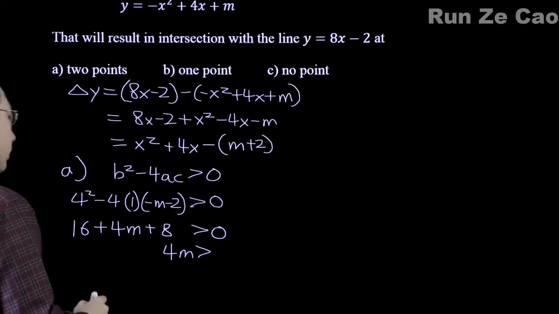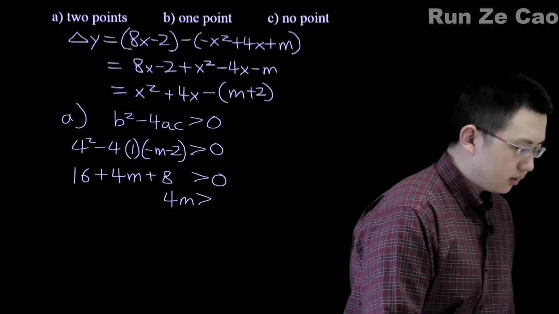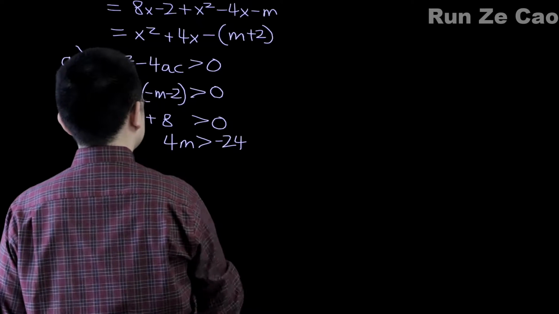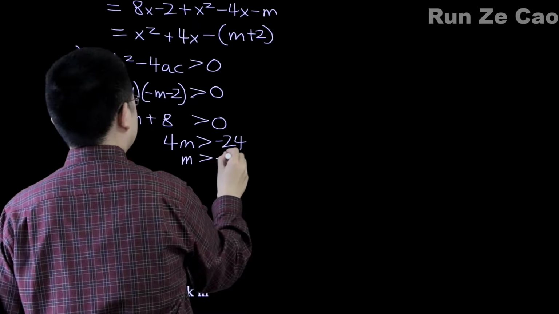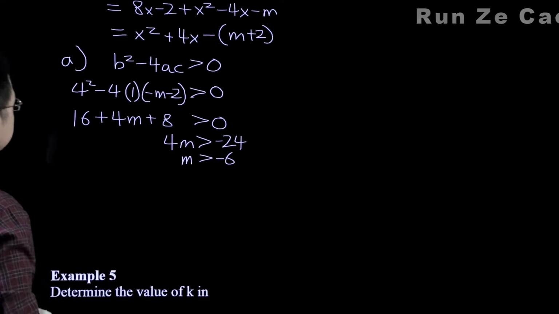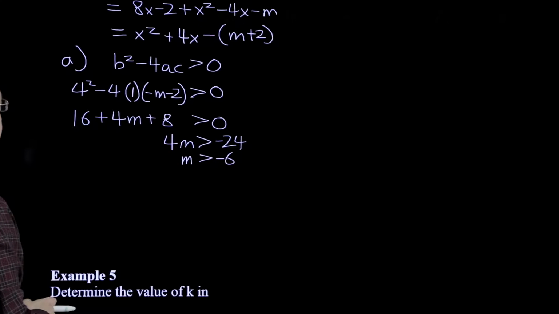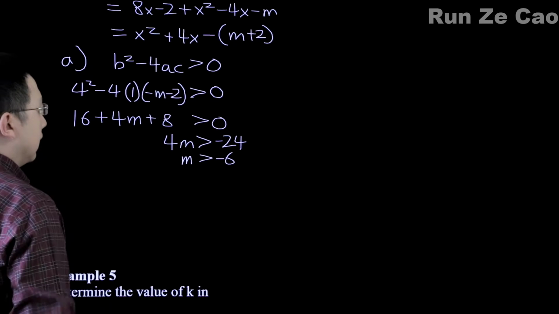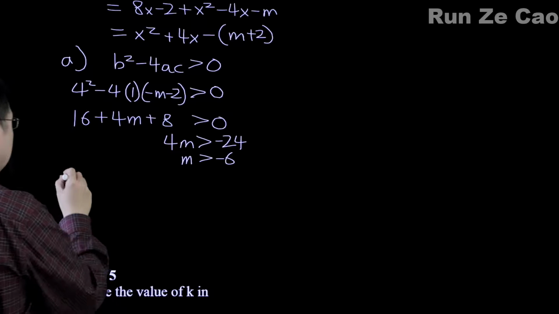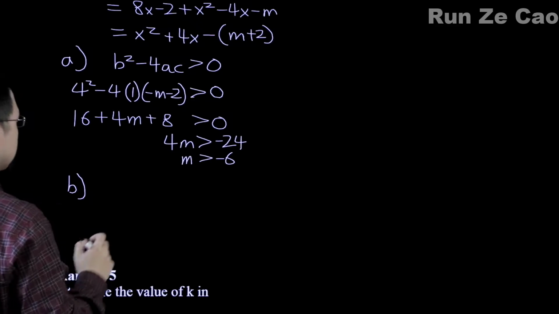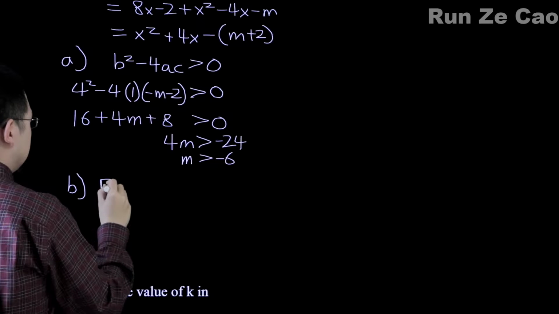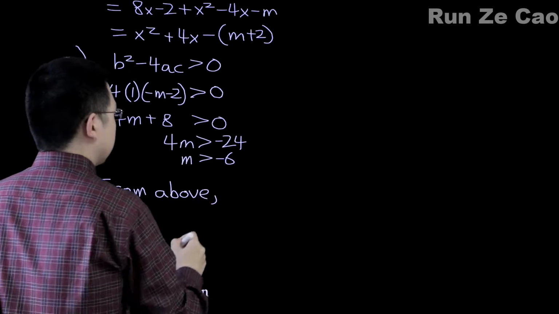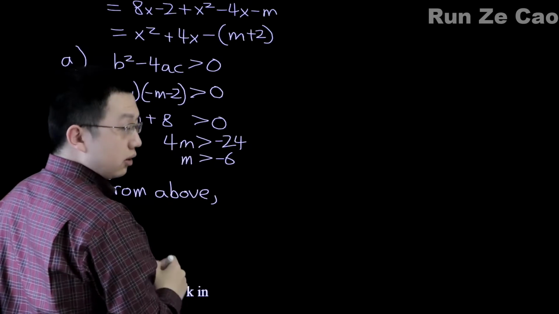We can actually move this over right away. So 4m is greater than negative 24. M is greater than negative 6. Now, I should point out that all the way down to this step here, the entire thing remains the same for the other options. So B is from above, except for the fact that we change the greater than to an equal or smaller than.